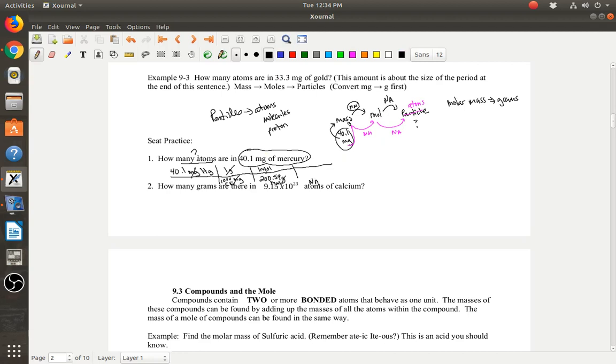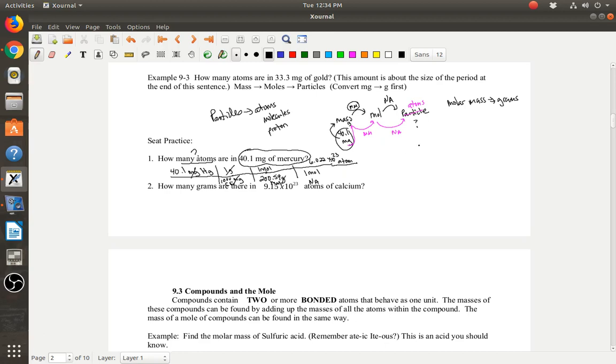So I'm using Avogadro's number in this next step. 1 mole goes on the bottom, and Avogadro's number is 6.022 times 10 to the 23rd atoms. This is also a conversion factor that you're using by that relationship.